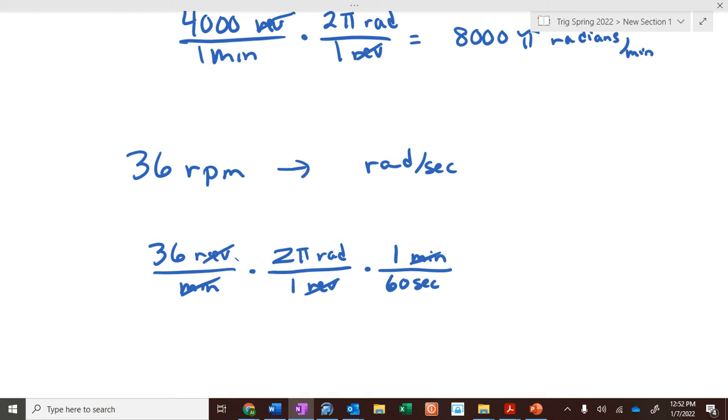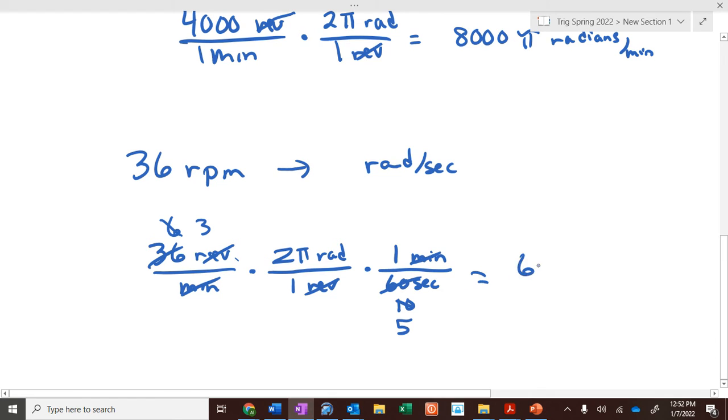Okay? So it's 36 times 2 pi divided by 60. I know that 36 and 60 go into each other. Okay? I know that if we divide them by 6, this is 6 and this is 10, or 3 and 5.